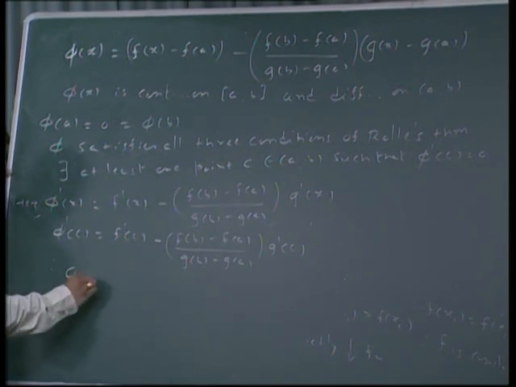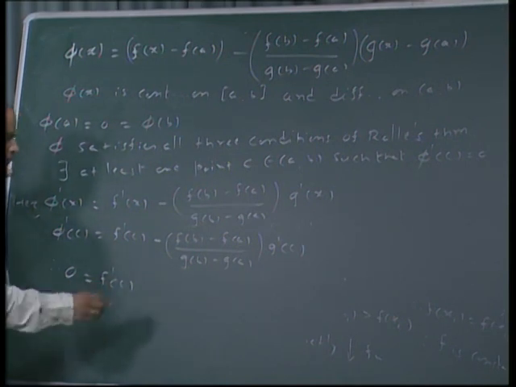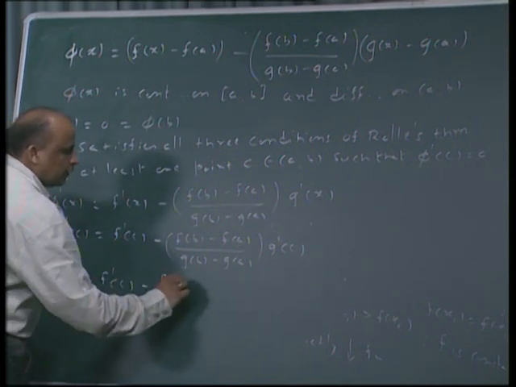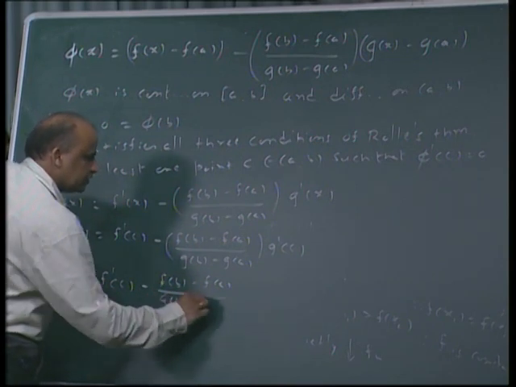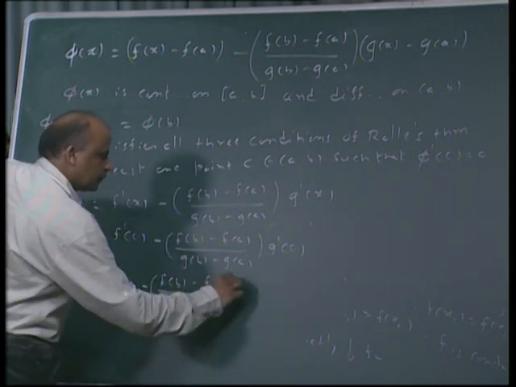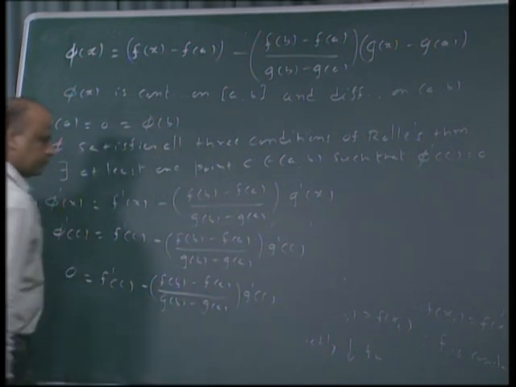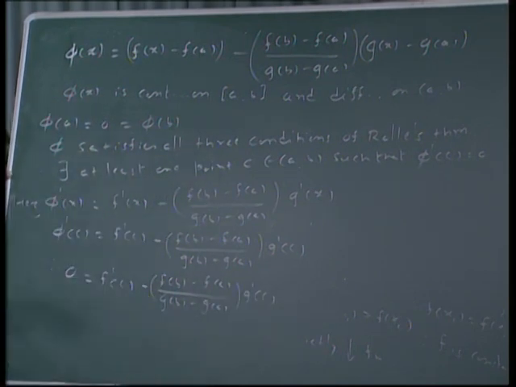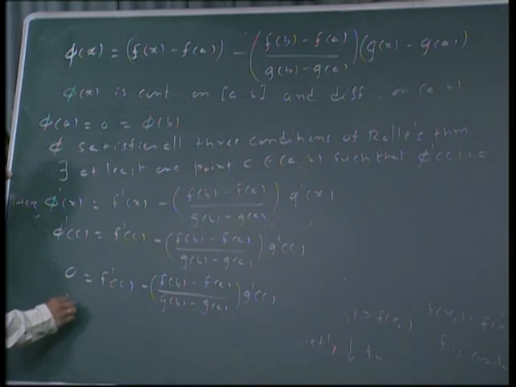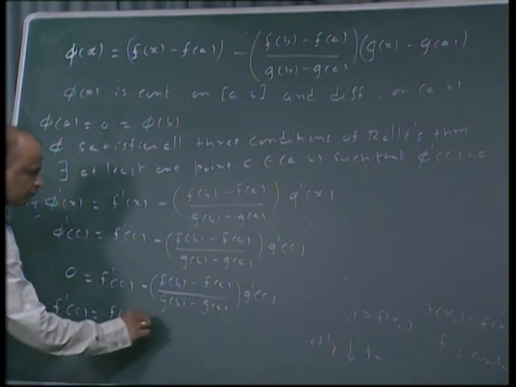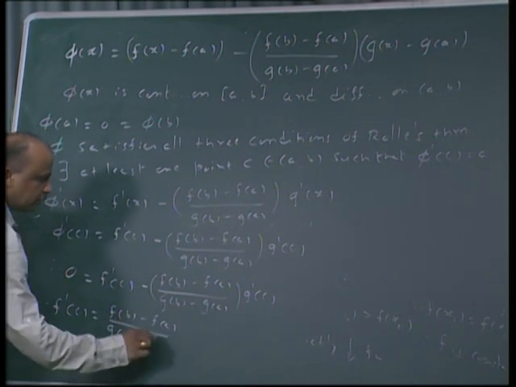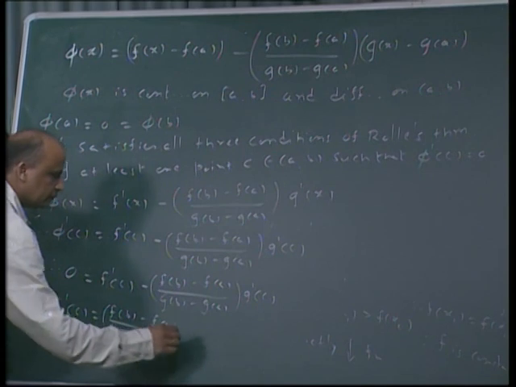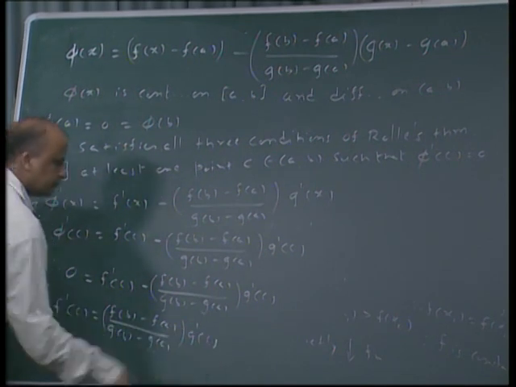So, 0 equals f'(c) minus ((f(b) minus f(a)) upon (g(b) minus g(a))) into g'(c), and therefore this f'(c) equals ((f(b) minus f(a)) upon (g(b) minus g(a))) into g'(c).